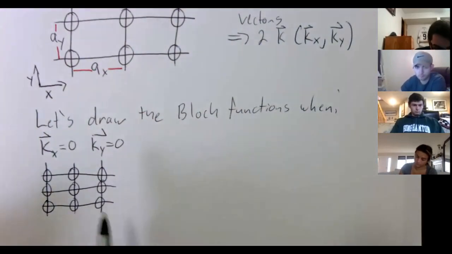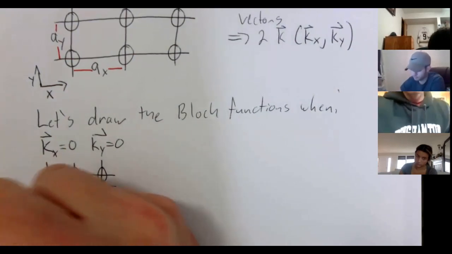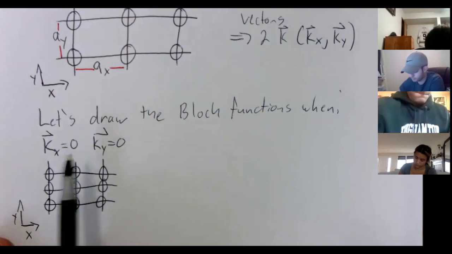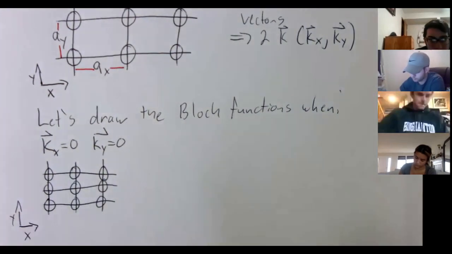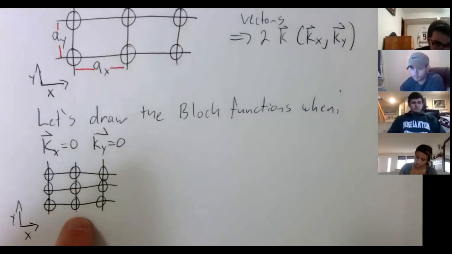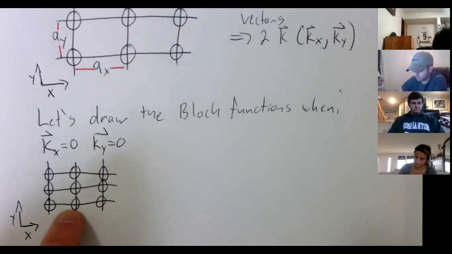Remember, this is going to be almost just like the 1D chain again, with y along here and x along here. When we looked at the 1D hydrogen chain and k was equal to 0, did the sign change between these functions as we went along?